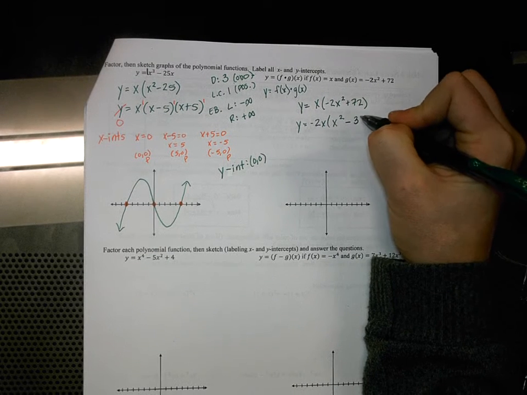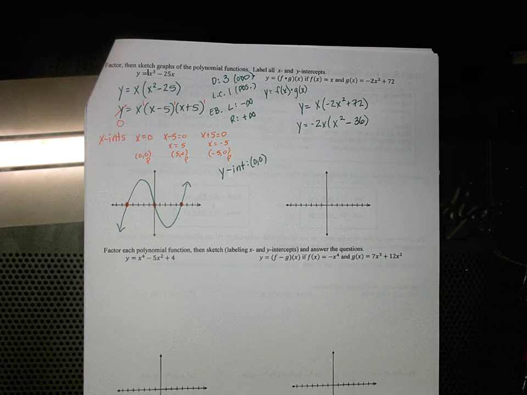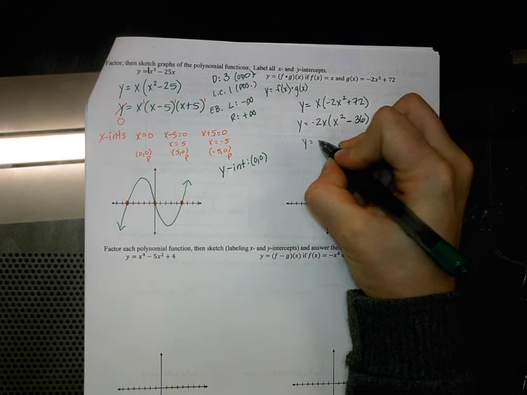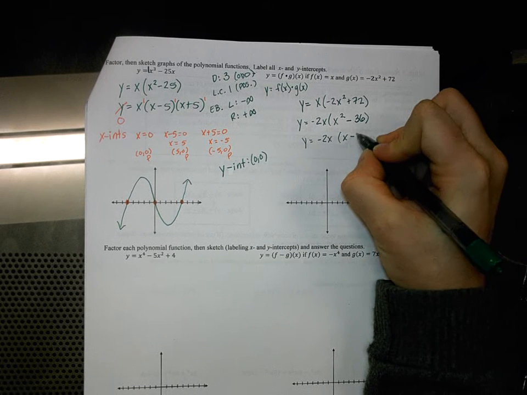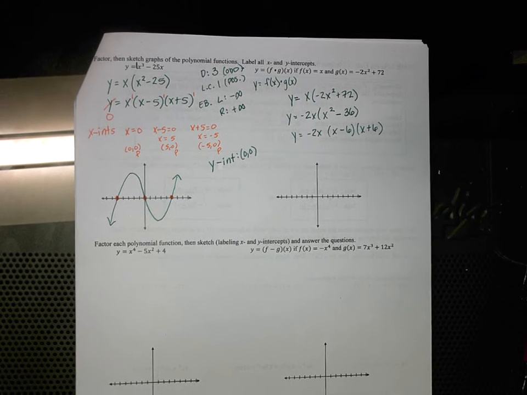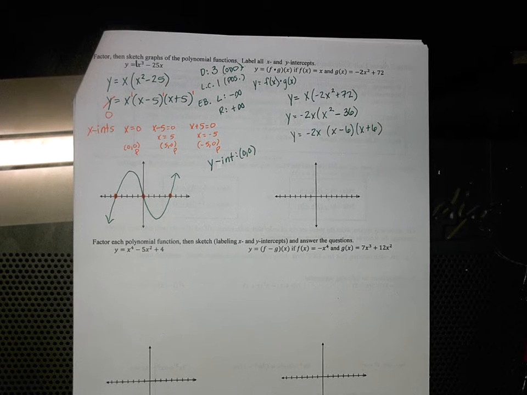36. 36 is what kind of number? A perfect square. So negative 2x, that factors to x minus 6 times x plus 6. All right.